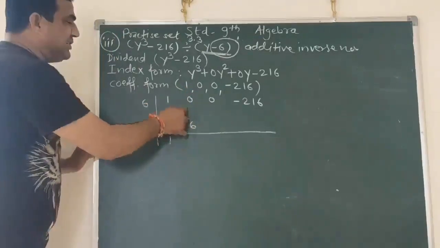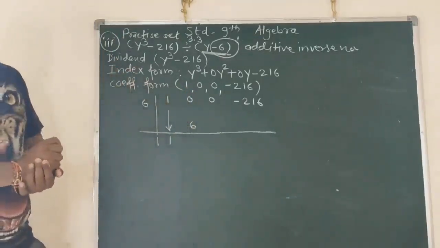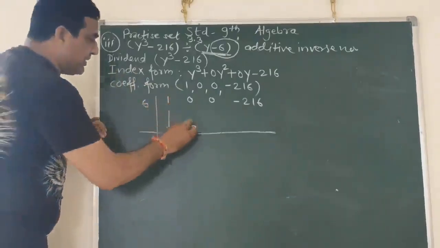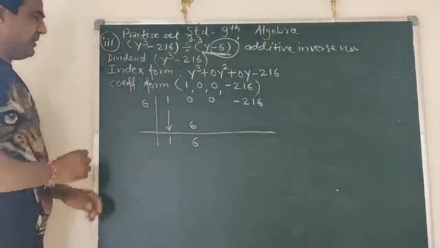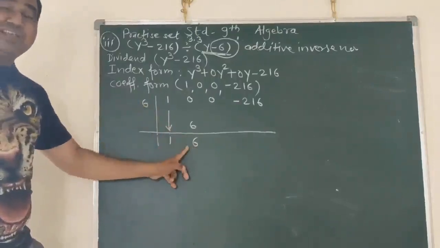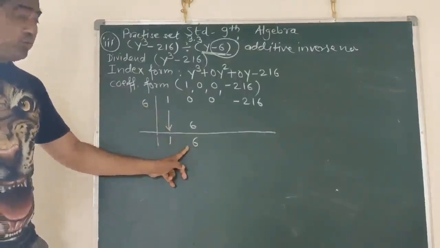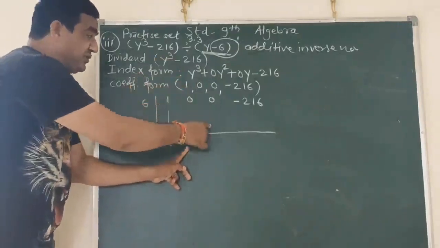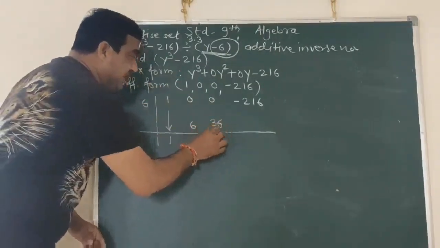Now perform the addition or subtraction. So 0 plus 6 is 6. Now multiply these two: 6 into 6 is 36. Whatever answer you get, write it right below the next coefficient, so here the answer 36.